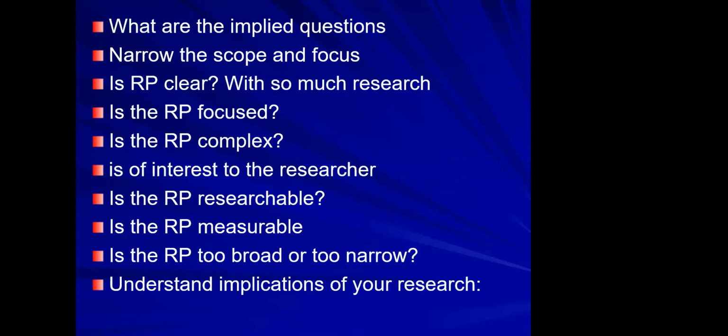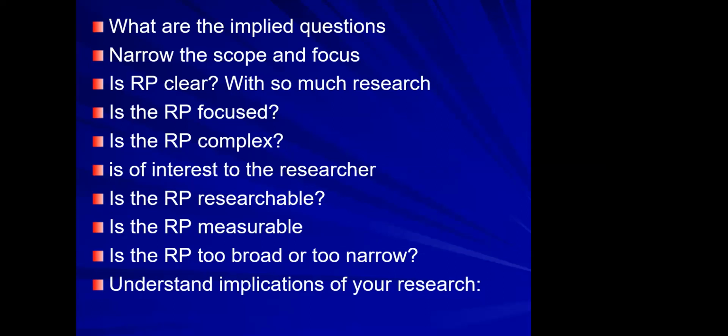Try to narrow the scope of your problem in terms of geography, population, gender, institution, income level, through some criteria that reduce the scope and focus of the study. Then, research problem must be very focused. It should focus on the objectives. You should also ask whether it is becoming very complex, and then try to narrow down the scope.